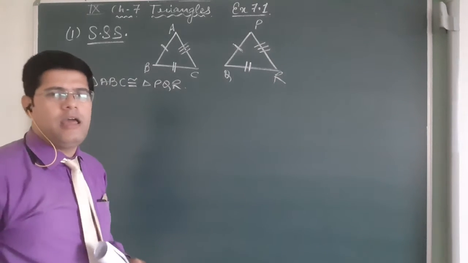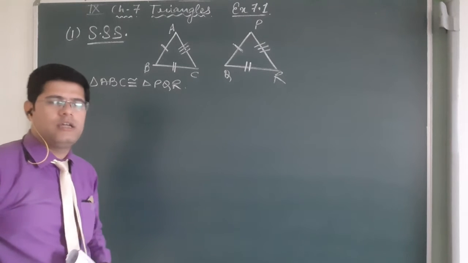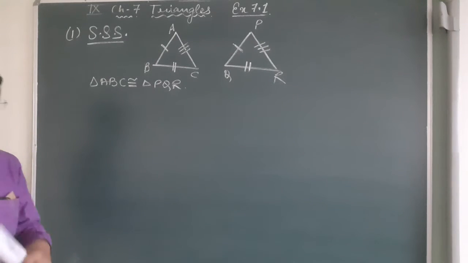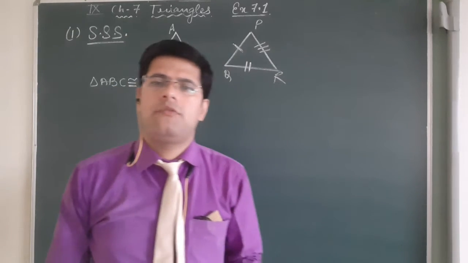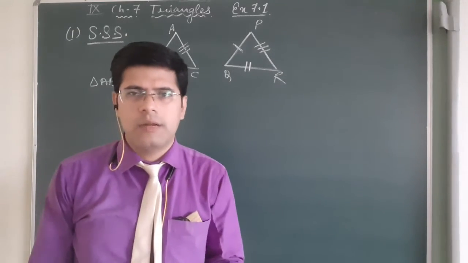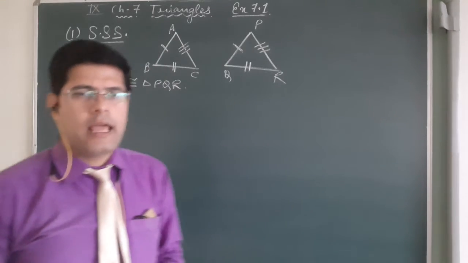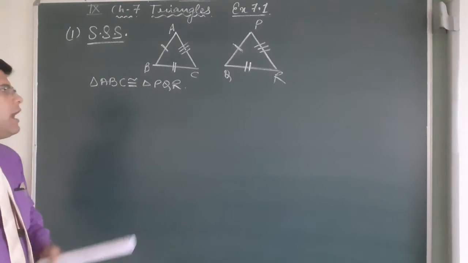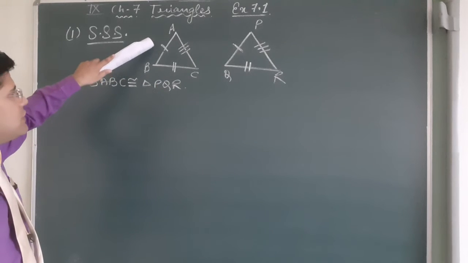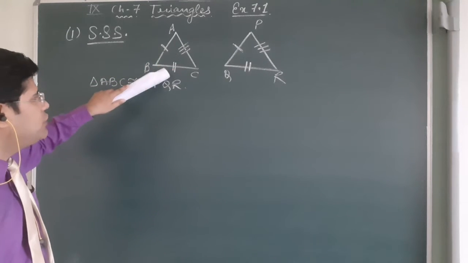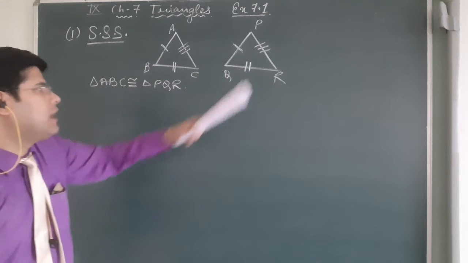After making any triangle congruent, you have to consider one more thing. Our triangle has 6 parts, not 3, but we are using only 3. So what about the remaining 3 parts? In this triangle, all the sides are equal: AB equals PQ, BC equals QR, and AC equals PR.